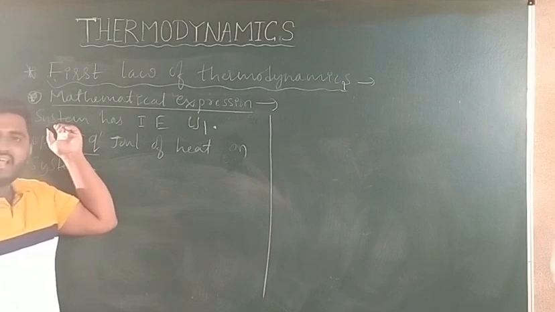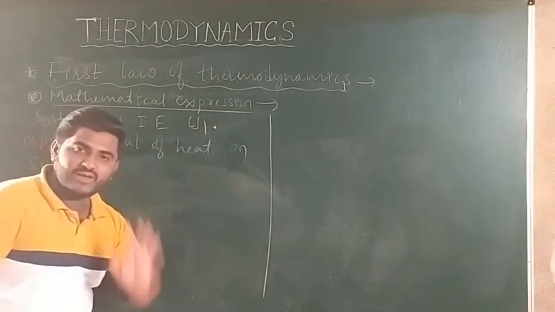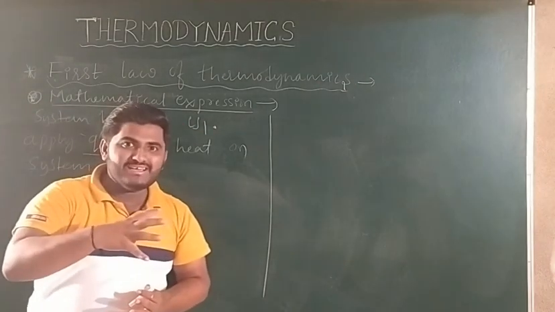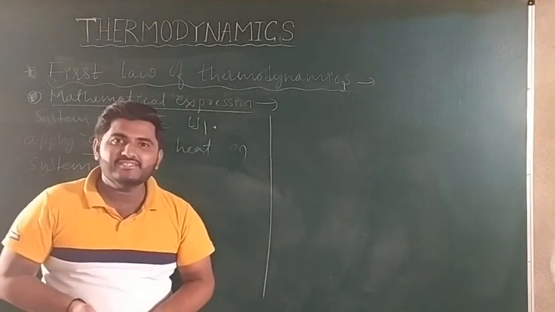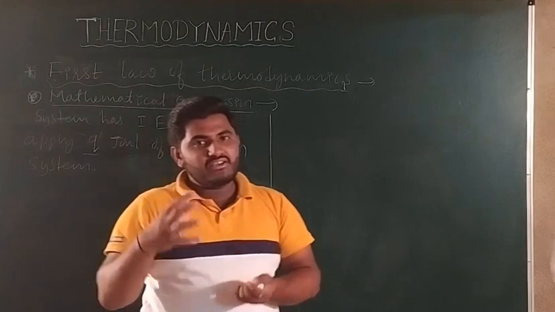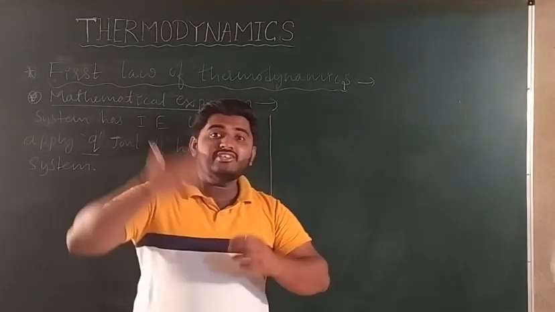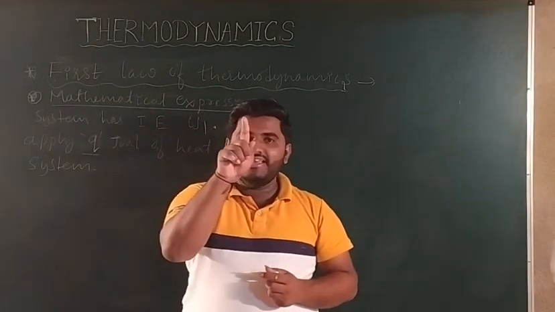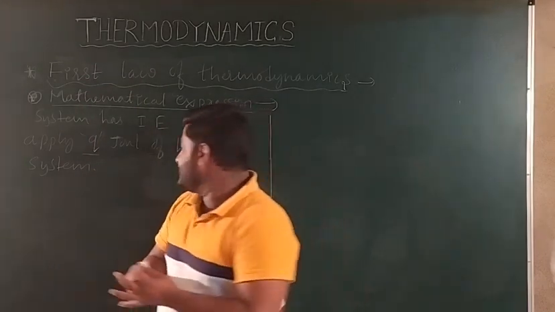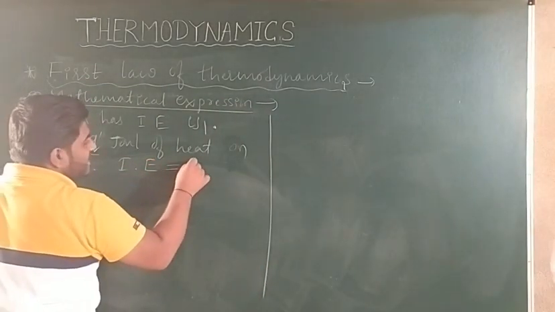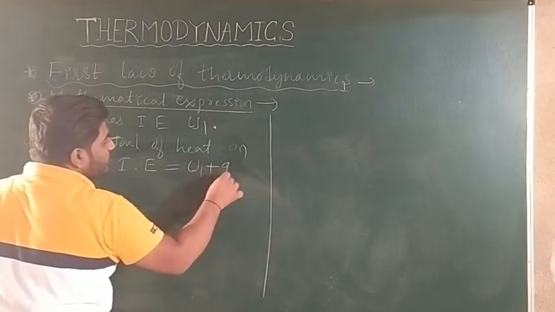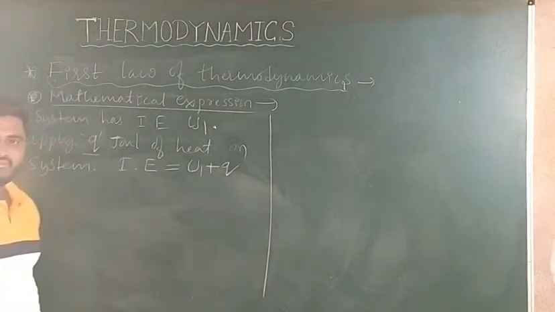We have assumed that the system has an internal energy U1. Now we have applied Q amount of heat on that system. Whenever we apply heat, internal energy increases. So initially it is U1, now internal energy will be U1 plus Q. Q amount of heat is given.